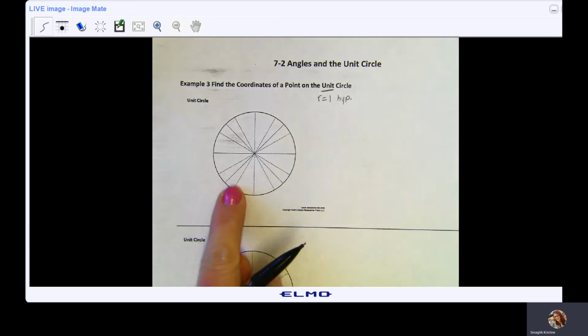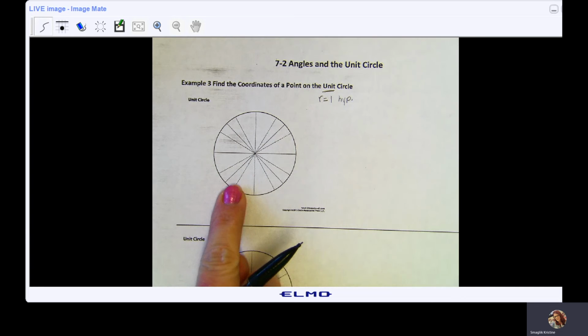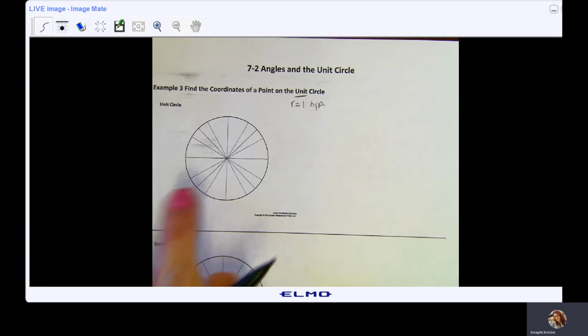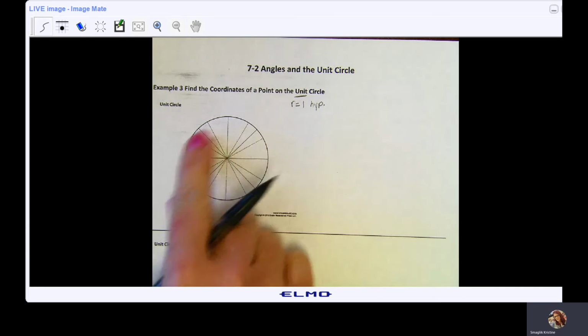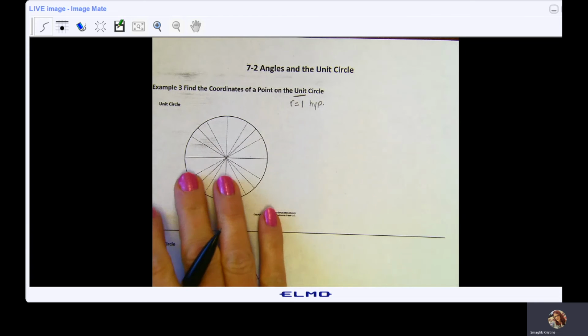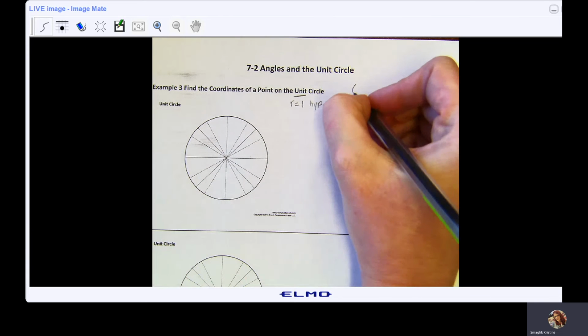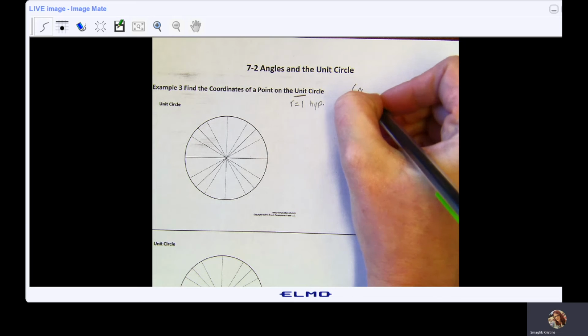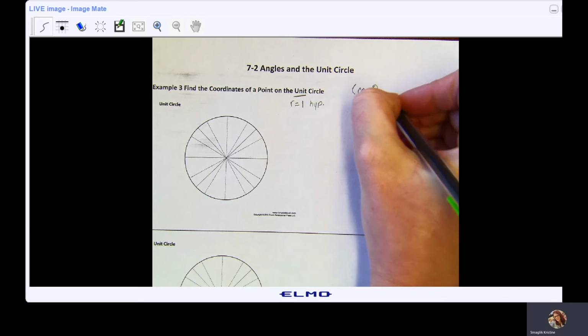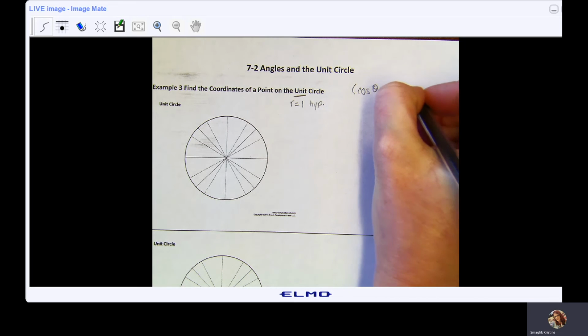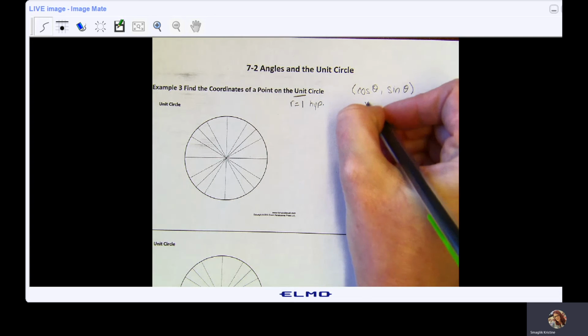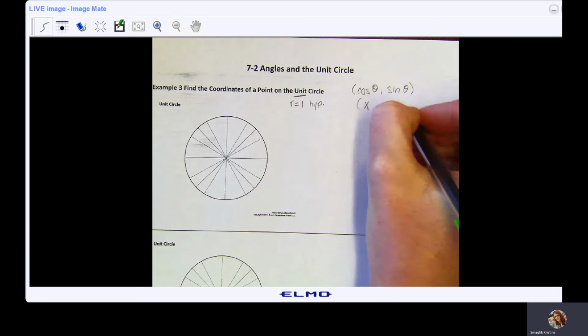Also, when we're on the unit circle, we're on a coordinate plane. And you guys know we have X and Y coordinates. Well, now in trig on this unit circle, we are going to have cosine of theta and sine of theta. Those will be our ordered pairs. And again, it's the same as an XY.